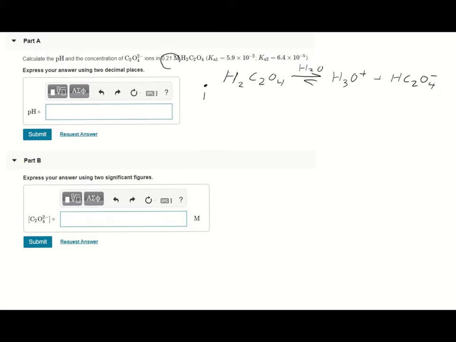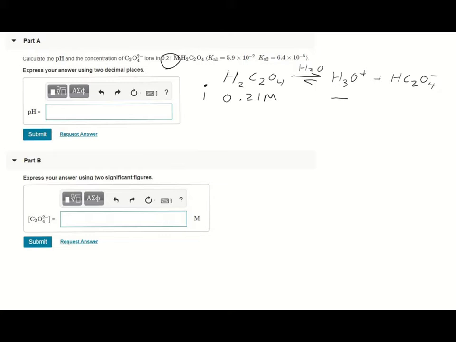Our initial concentration is 0.21 molar. Now, this number is randomized, right? So the number that you are looking at in your homework is probably different than mine, which means you get the joy of working this all on your own after you see how I do it.